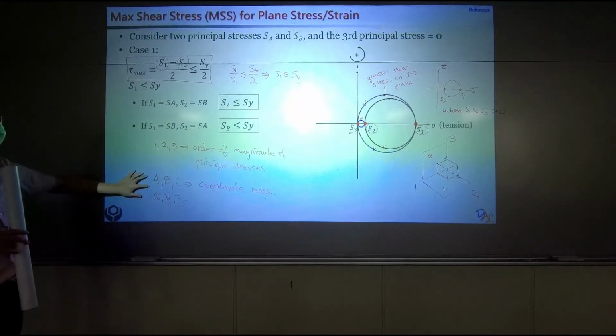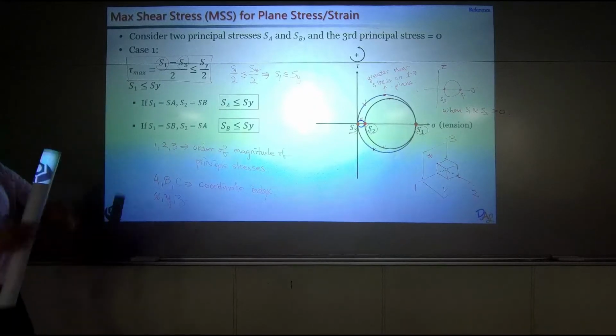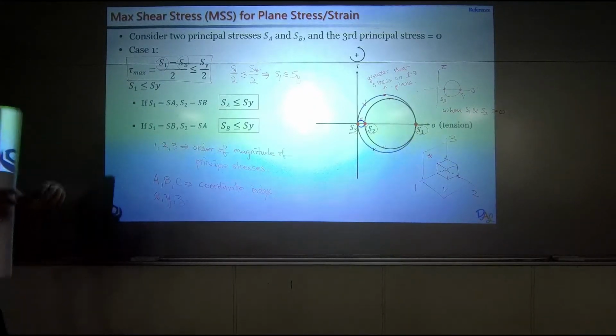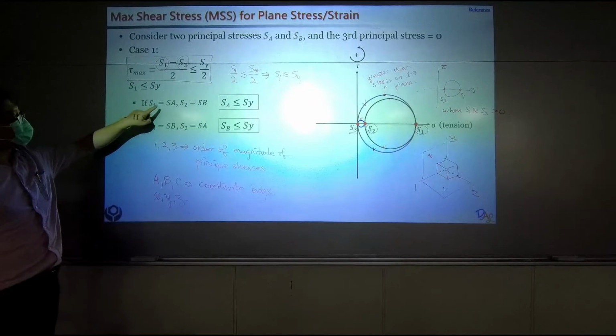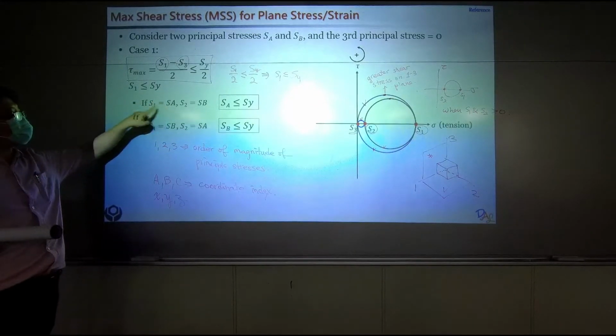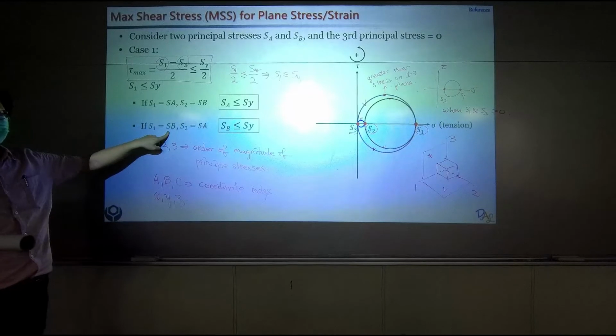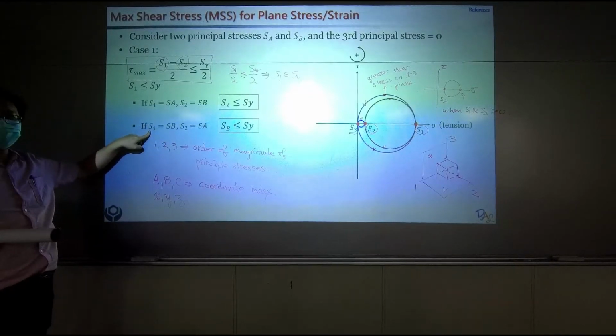Your A may be 2. Okay, so this is a very complete discussion for all kinds of situations. Maybe in some case, your A coordinate is having the largest principal stress. In other case, your B coordinate is having the largest one.